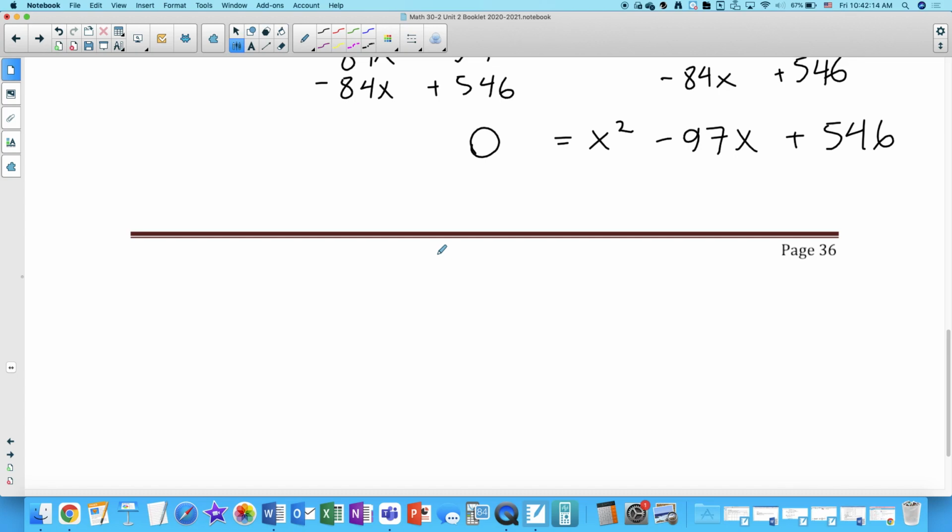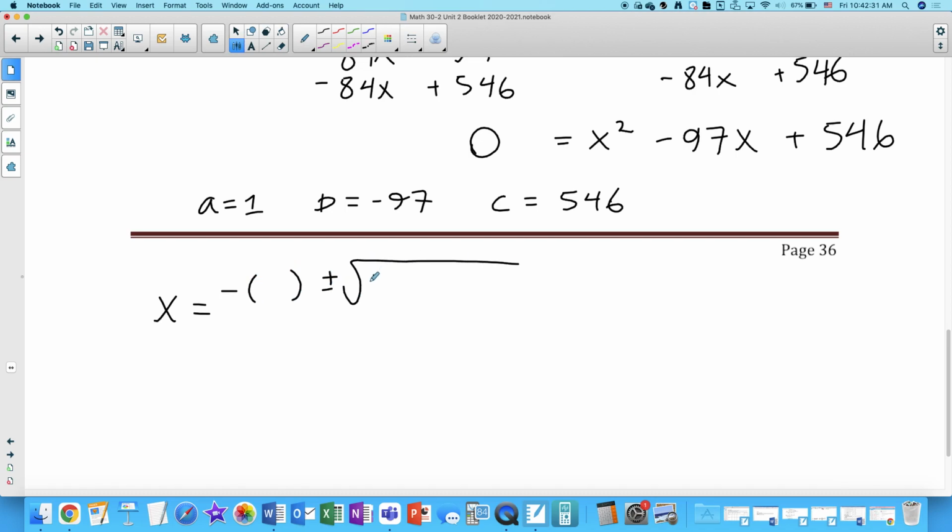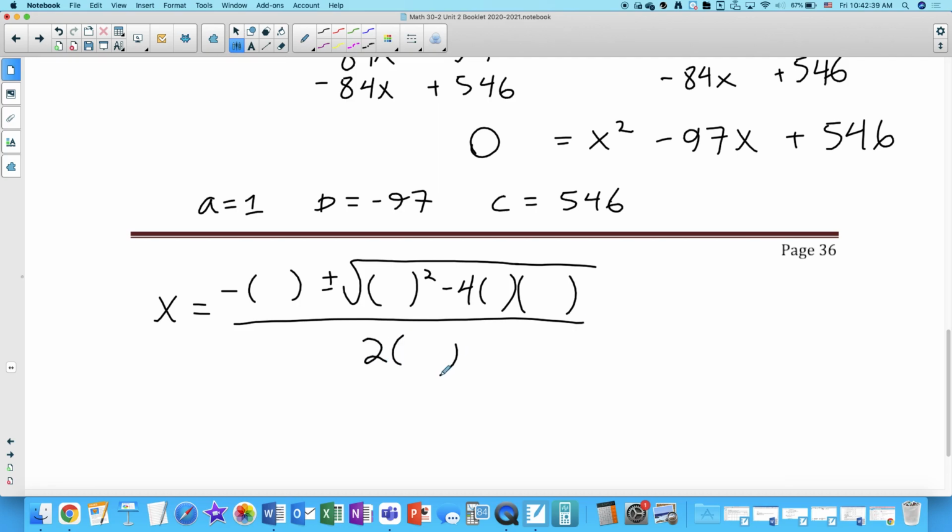Okay, so my A value is 1. My B value is negative 97. And my C value is 546. Okay? And my quadratic formula is x equals minus b plus or minus the square root of b squared minus 4 times a times c all over 2a.